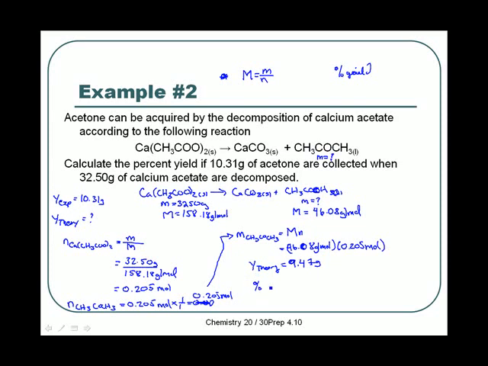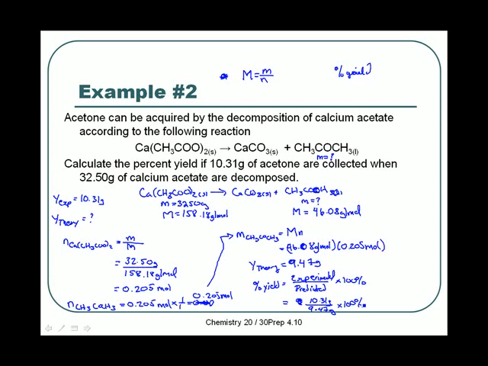So now we're going to find our percent yield. That's equal to experimental over predicted or theoretical times 100%. And we're going to end up with, whoops, the experimental was 10.31 grams over 9.47 grams times 100%.